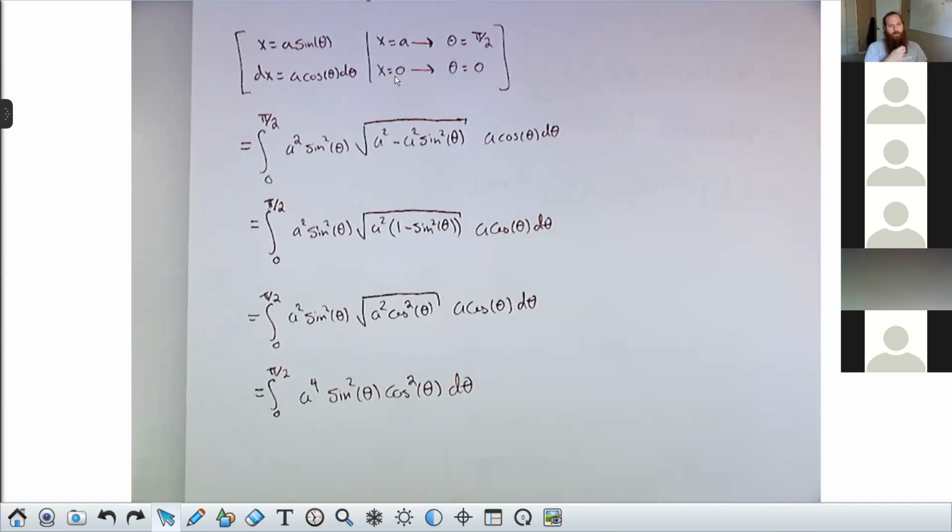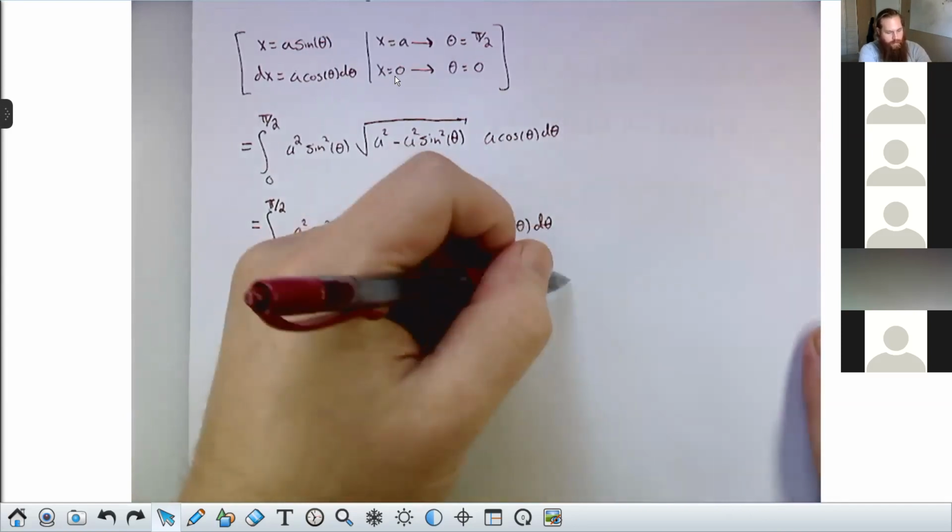And there's no way of making this not unpleasant. Remember that the nasty case for sine cosine integrals is the case where all the powers are even, and that is the situation we're in now. So we need to invoke the half angle identities.